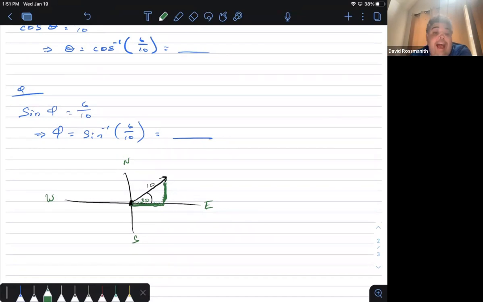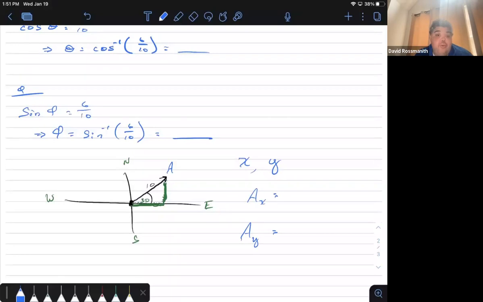Well, all that's asking in a very formal way is, find the X component and the Y component of this vector. Let's call the vector A. So I want the X component of A and I want the Y component of A, where the X component means how far to the east and the Y component is how far north.